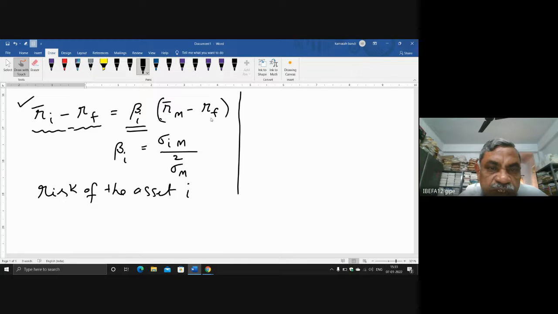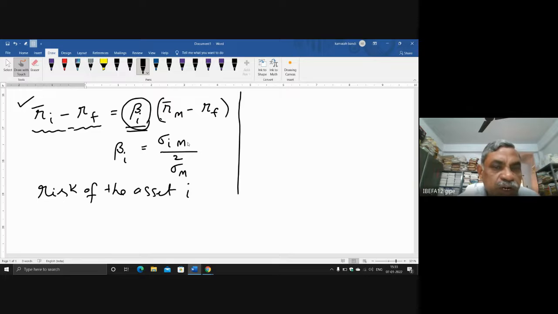So the difference is the excess. This excess for the individual asset is related to the excess of the market. How are these two connected? By means of the risk of the asset, which is beta I, and that is given by the standardized covariance between the asset and the market portfolio. So this beta I is therefore referred to as the risk of the asset, right?